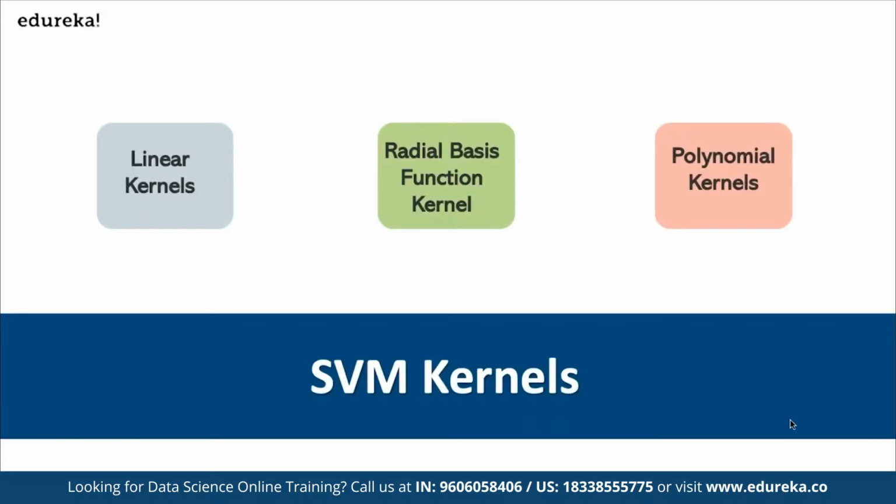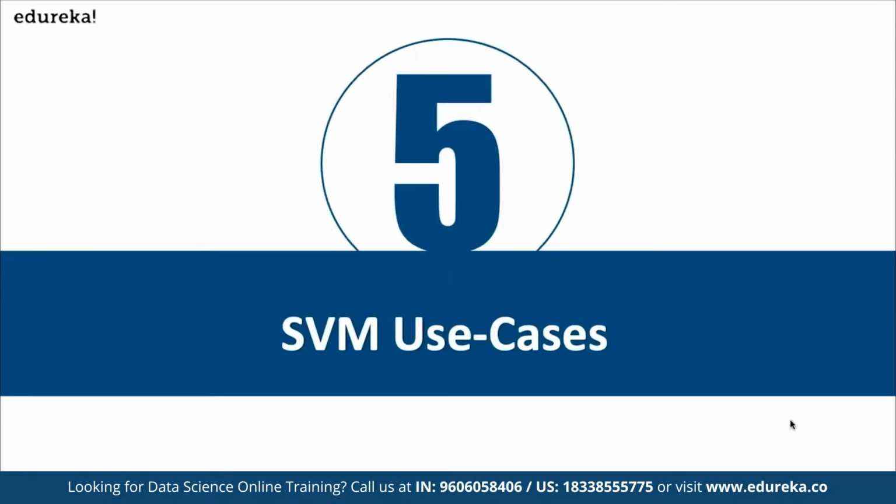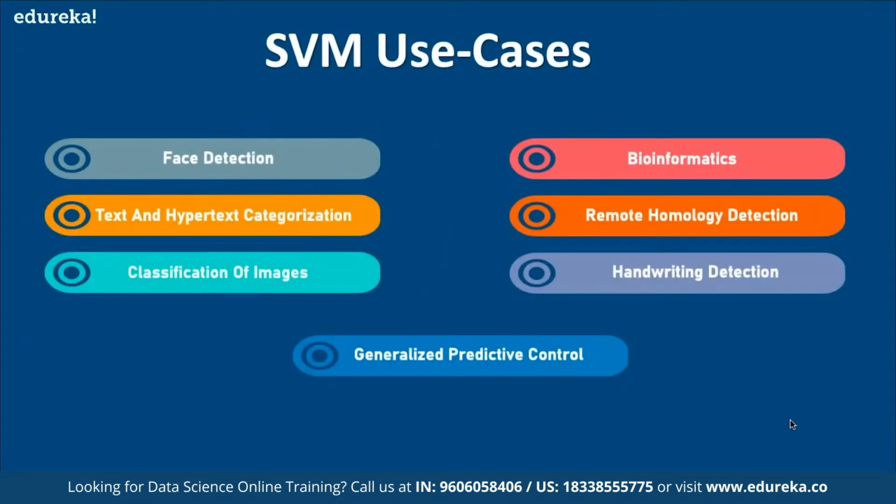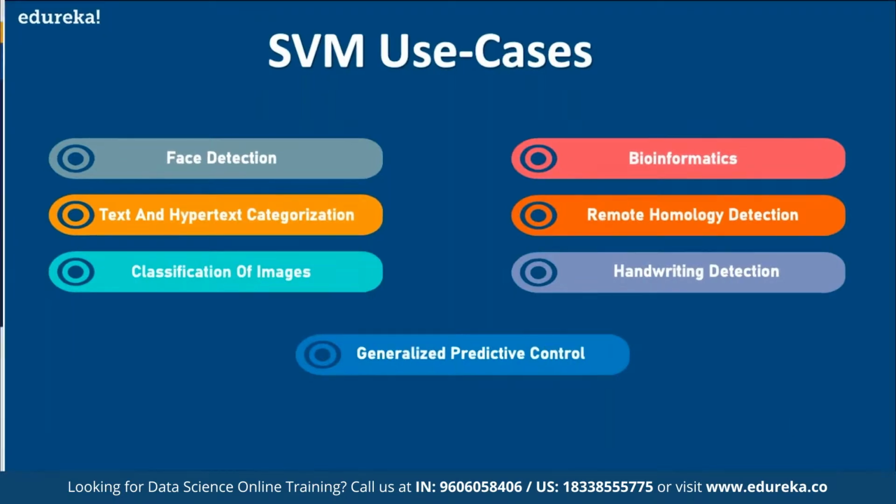We can use it for face detection, for text and hypertext categorization, for classification of images, for bioinformatics, for protein fold and remote homology detection, and also for prediction control, as we discussed in SVM. So these are the different use cases currently available.